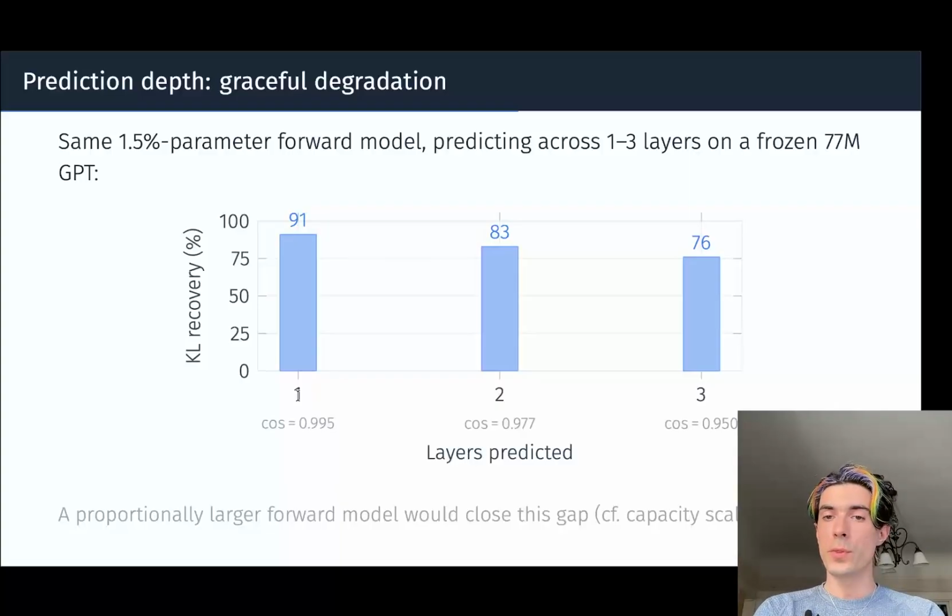And you can see that both the cosine similarity between the actual and predicted activations degrades, as well as the KL divergence. It's a really intuitive result, but I found that to be pretty interesting, that it's broadly forgiving in terms of how you want to use forward self models, and they'll behave in a sensible way no matter what, even if you have some architectural differences going on.